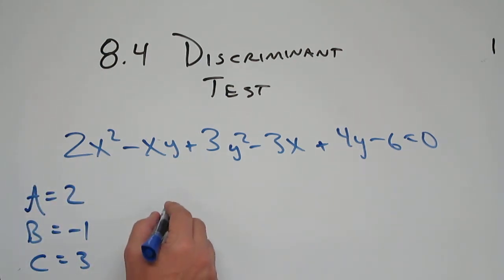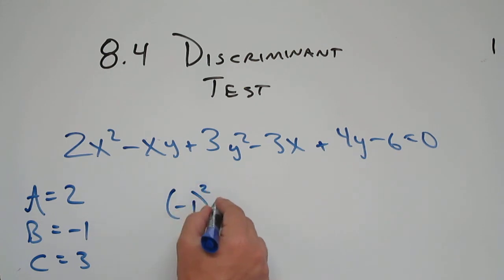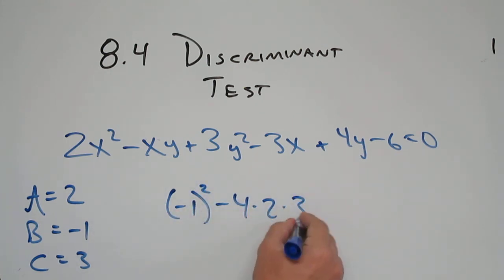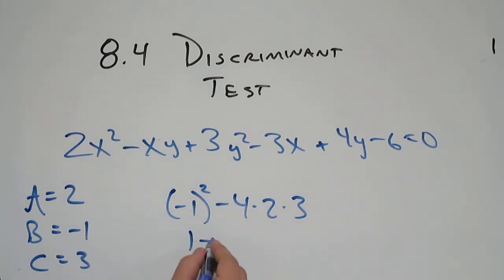So if I do b squared minus 4 times 2 times 3, I'd get 1 minus 24, and that would equal negative 23. This would be a representation of an ellipse because the value of the discriminant was less than 0.